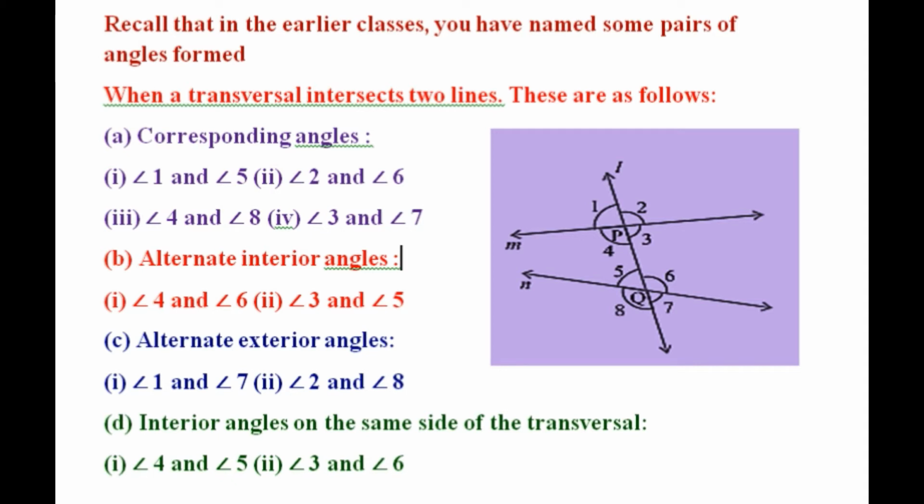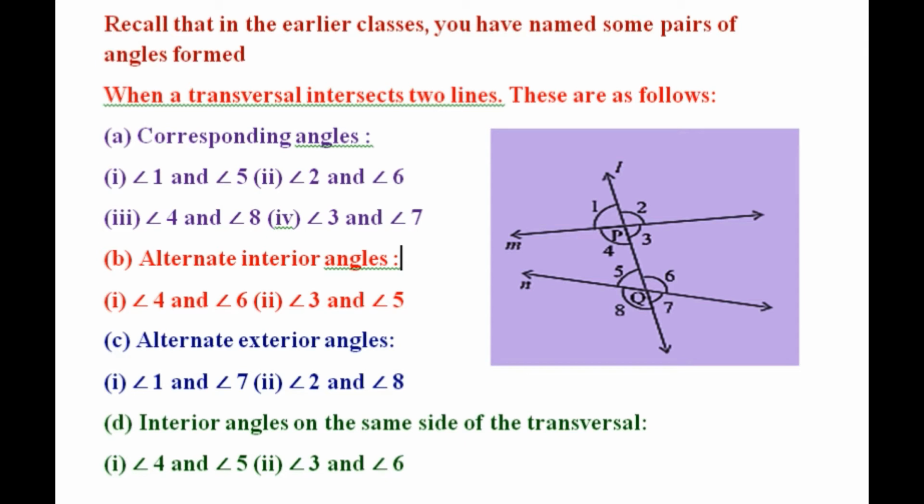Next one, alternate interior angles. You see the transversal line, inside angle 4 there. Then the alternate angle is angle 6. These two angles are inside the lines, so interior angles. So angle 4 and angle 6 are called alternate interior angles. In the same way, another pair you see, angle 3 and angle 5, these two are alternate. Clear?